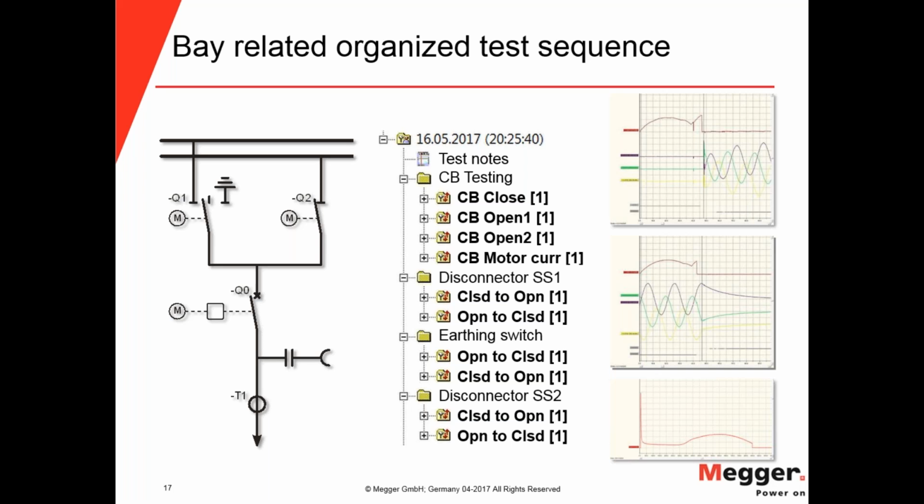So you test in both directions, motor current for closed to open and from open to closed, and the same for the earthing switch, and the same for the second disconnector switch, and so on. Here you see the different symbol for the VDS interface, actually a half circle.